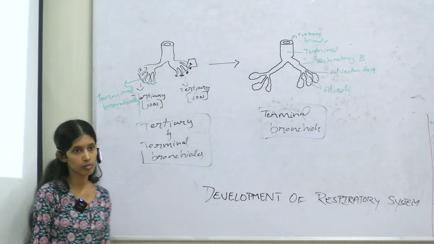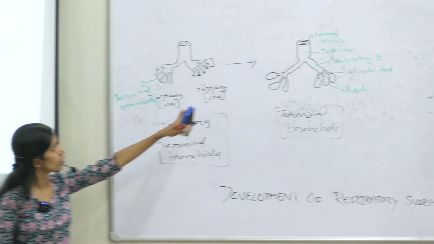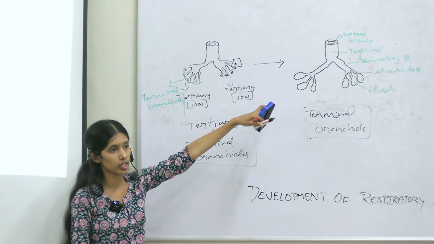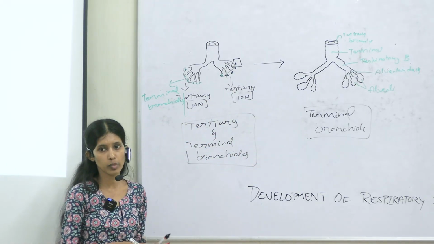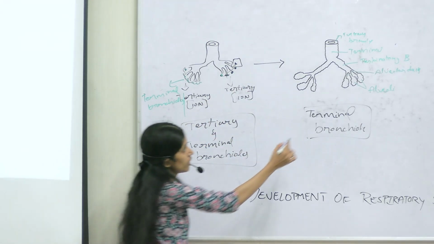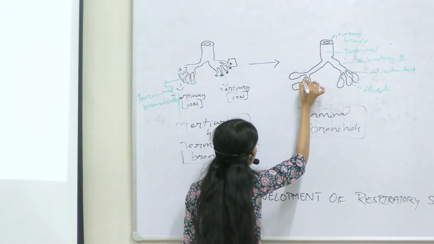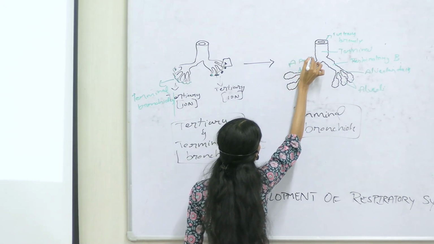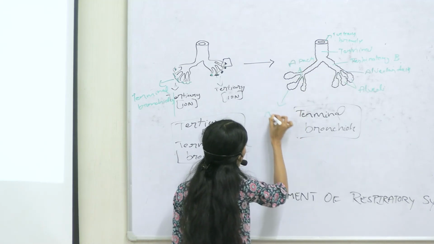Is it clear for everyone? We have tertiary bronchi. From the tertiary bronchi, we have the terminal bronchi followed by respiratory bronchi. Then we can see the alveolar ducts. These are the alveolar ducts. Then we have alveoli.